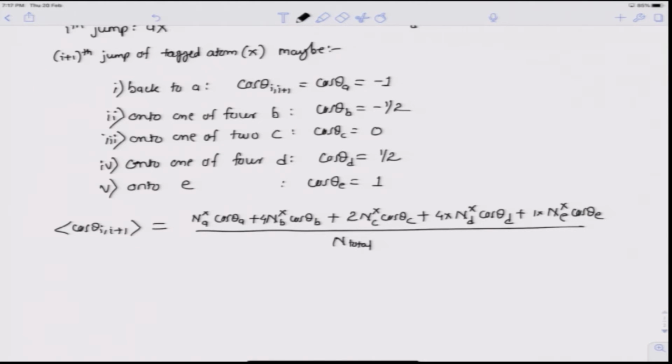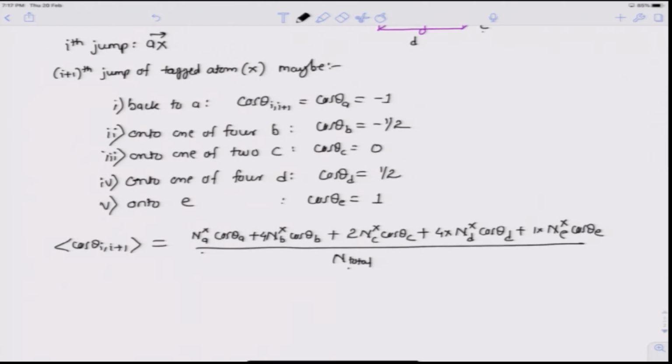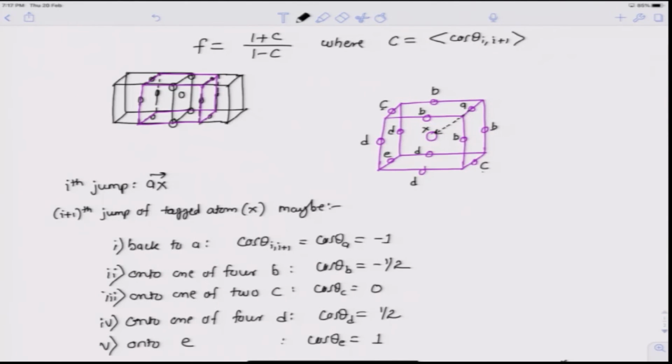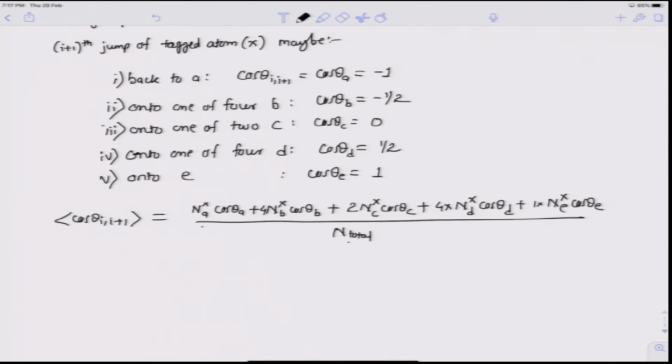If we look at this, n_xa divided by n total, that is nothing but the fraction of total number of atoms which make the jump onto a site of type A, and this is nothing but the probability that the atom X will make its second jump back to A. So, let us denote it as P_xA. So, this will be P_xA, and cos theta A is minus 1. So, this is simply minus P_xA.